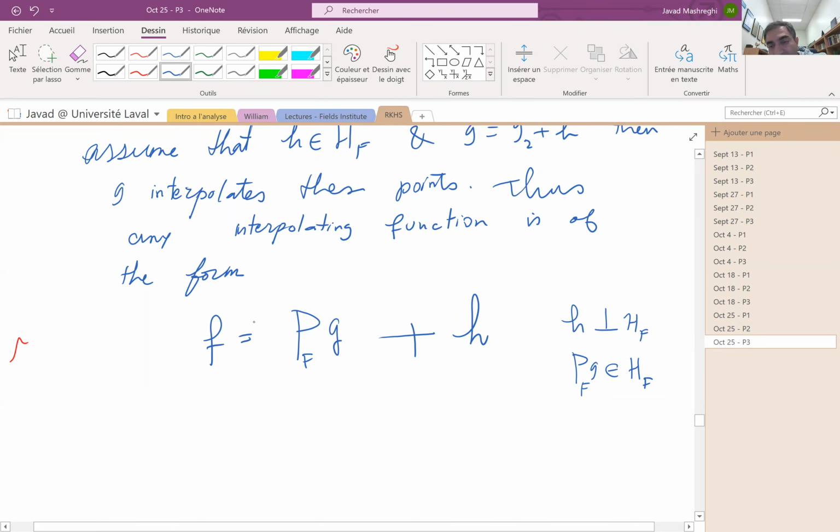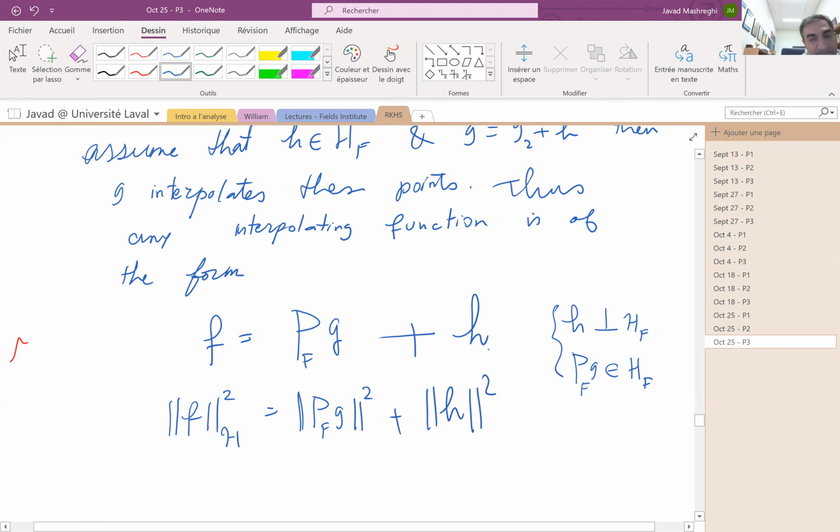A complete characterization of them. And you see that the norm now, because of this orthogonality, is the norm of PF of G squared plus the norm of H squared.